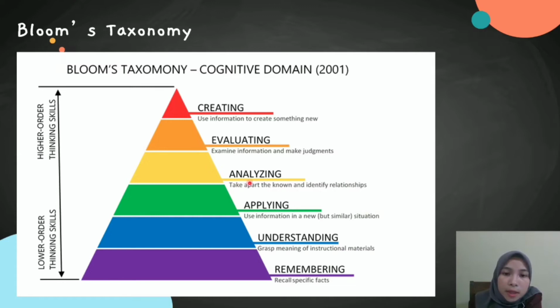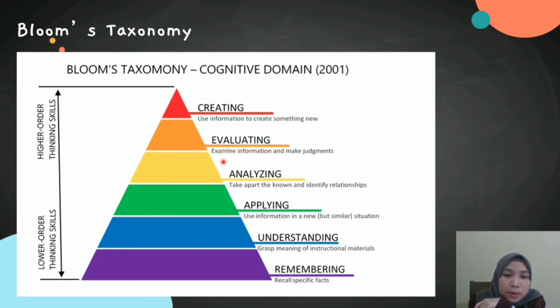Next is analyzing. Analyzing is taking apart the known and identifying relationships. Example verbs used for this level are differentiate, organize, relate, or compare. Next is evaluating.